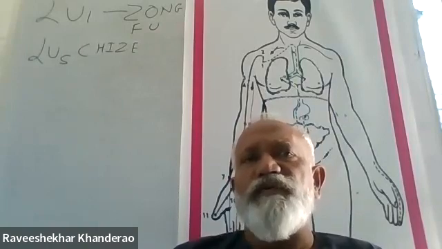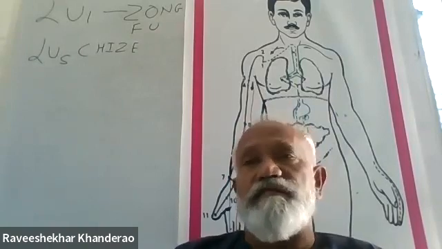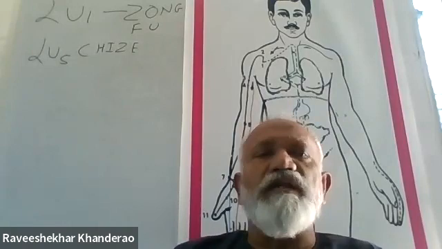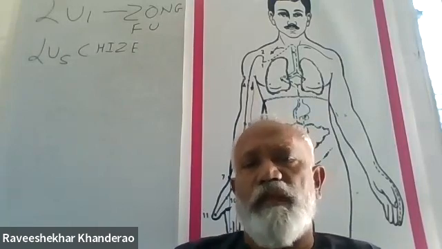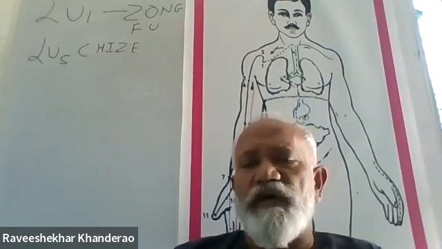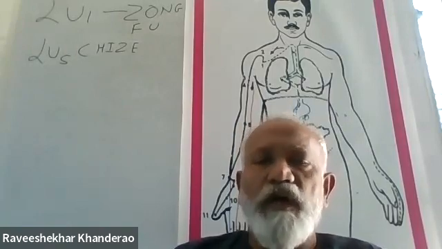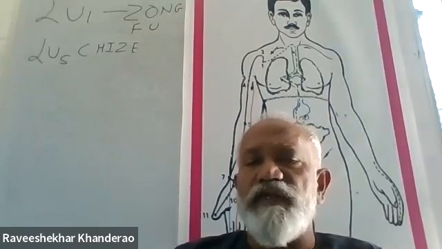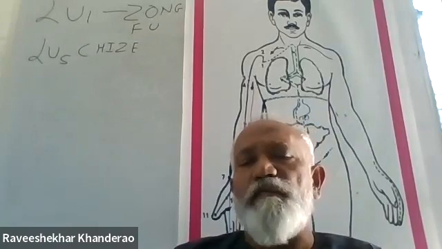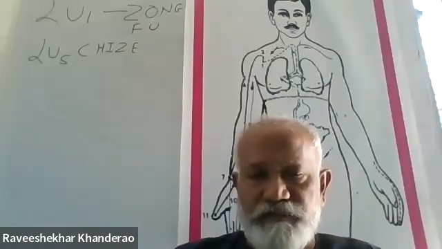LU10, name is Yuji. On the radial aspect of the midpoint of the first metacarpal bone, on the line between the palm and the back of the hand.